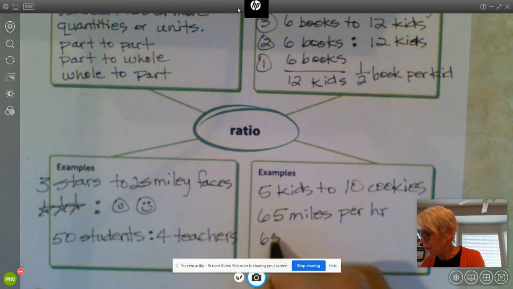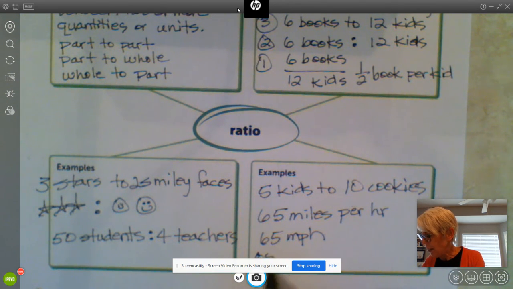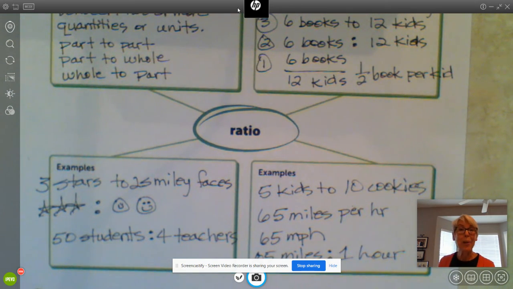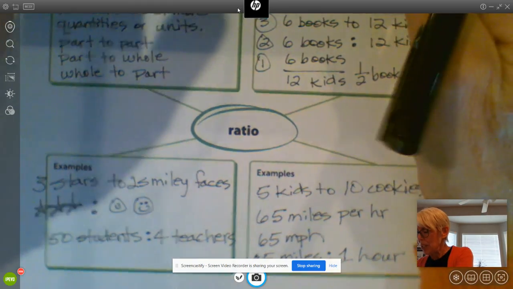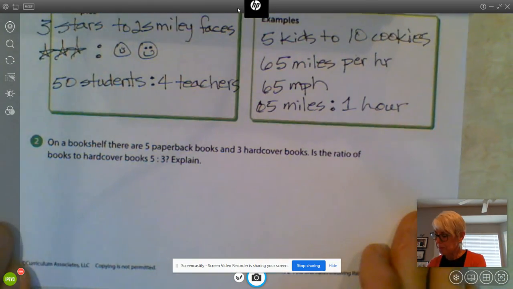Another way we often write it is like this, 65 mph, 65 miles to 1 hour. That's a lot we already know about ratios, and we're going to be using ratios quite a bit. Let me shift things down so we can work on this problem at the bottom.